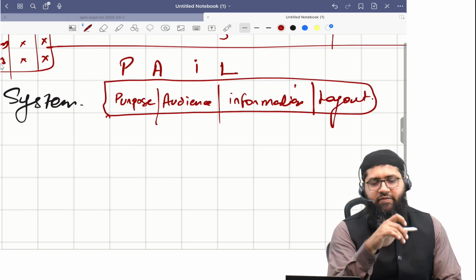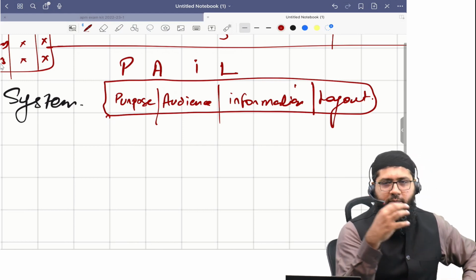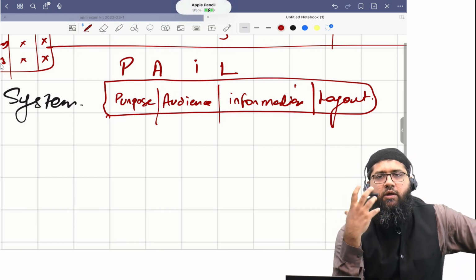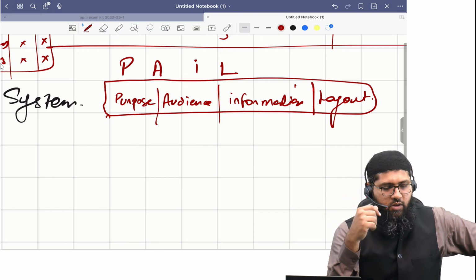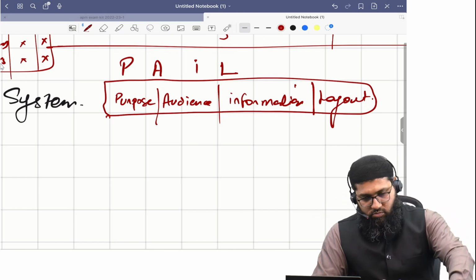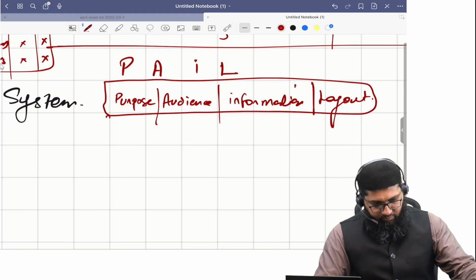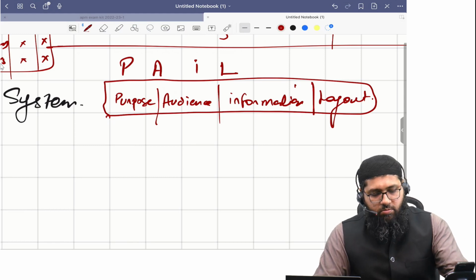Now see, generally speaking, when you come across a performance measurement report, you are being given a report which is being provided to the management. Who? The senior management, the board of directors.